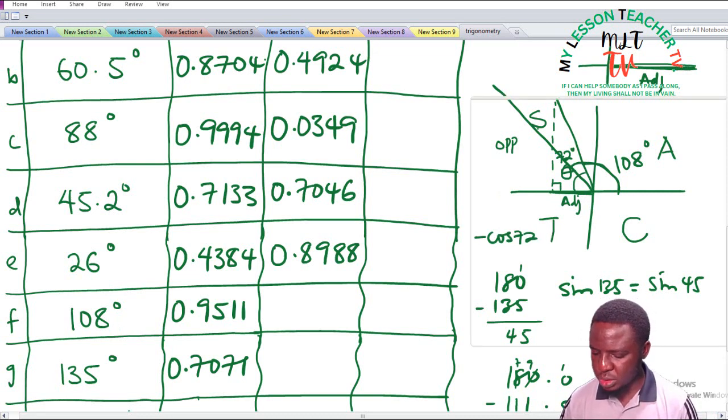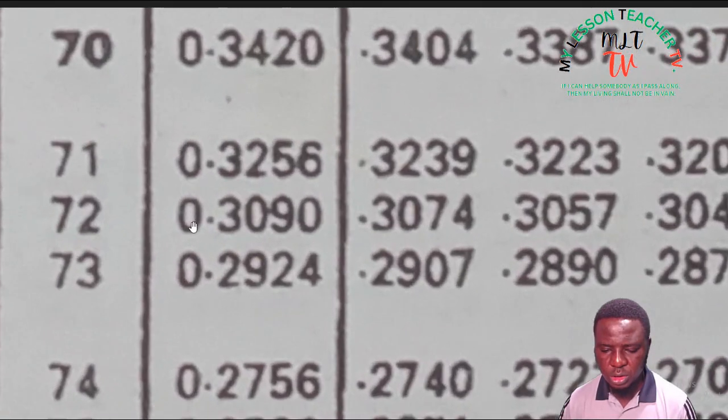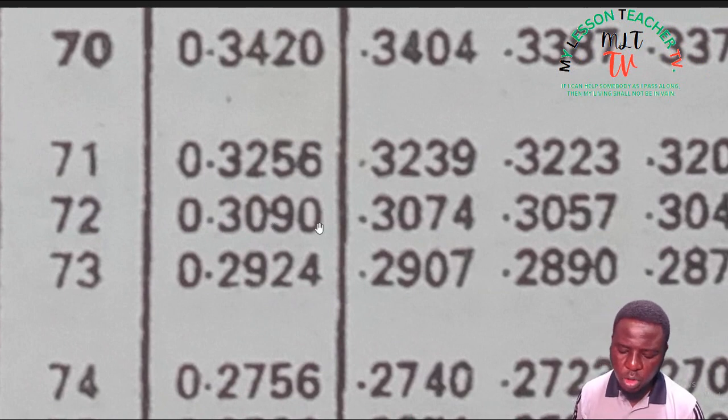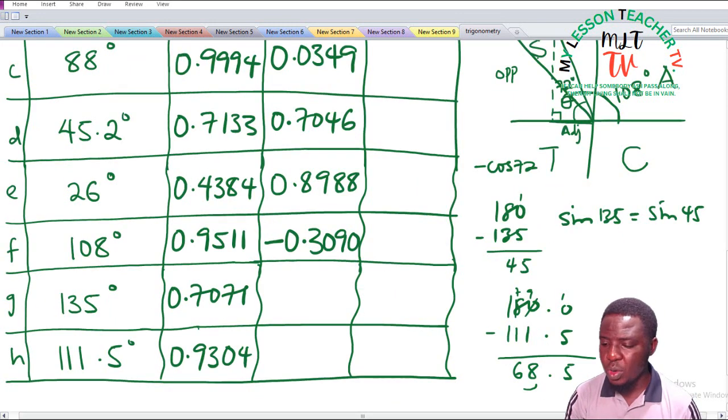Going back to our cos table, we shall look for 72. So 72 under 0 is said to be 0.3090. But because it is 108, this gives us minus 0.3090. Next is cos 135, and we have said that cos 135 is equivalent to cos 45, but 135 is in the second quadrant, and cos in the second quadrant is said to be negative.